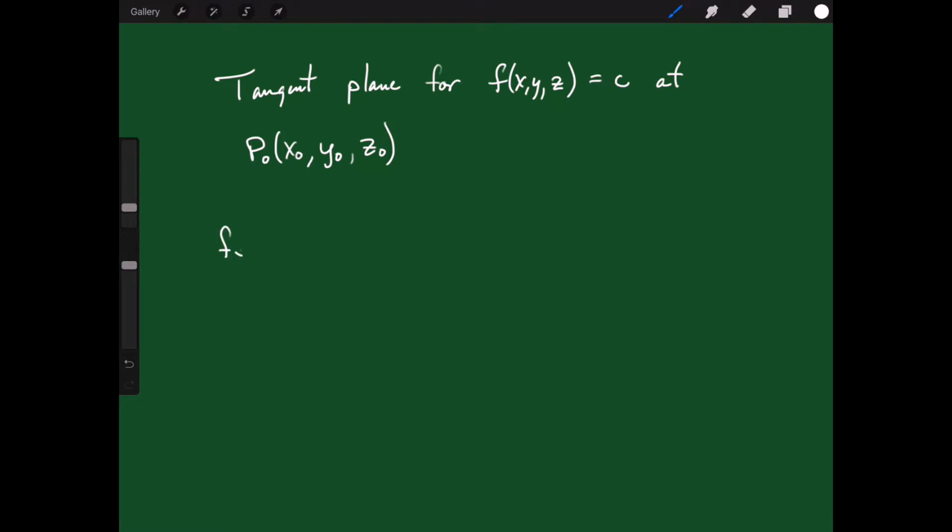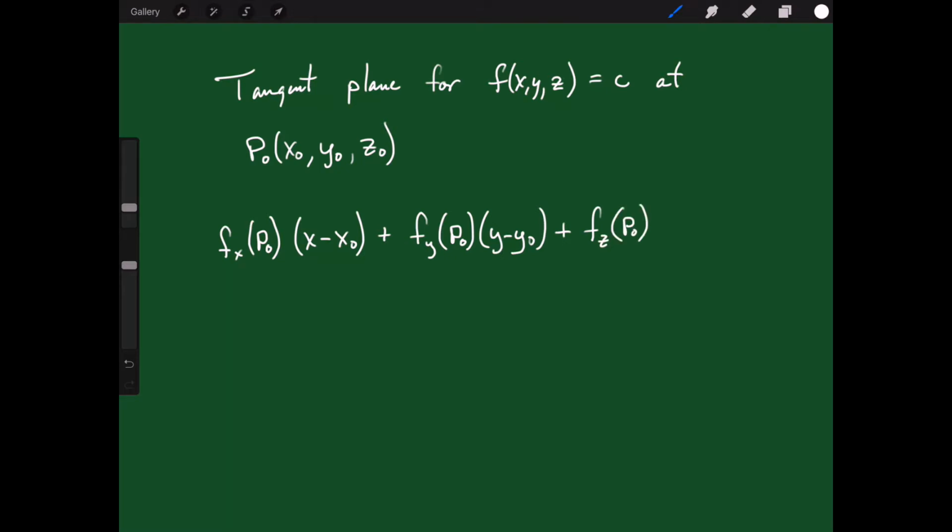So I'd take the partial of f with respect to x and evaluate it at the point P0, and then multiply that by x minus x0, plus the partial of y at the point P0 times y minus y0, plus the partial of f with respect to z evaluated at P0 times z minus z0, and all of that would be equal to 0.